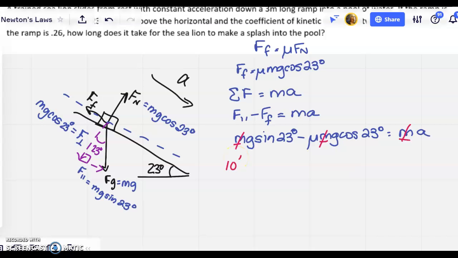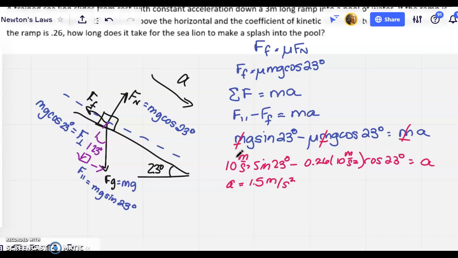So 10 meters per second squared times the sine of 23 degrees minus 0.26 times 10 meters per second squared times the cosine of 23 degrees is equal to a. And so when you solve that, you get an acceleration equal to 1.5 meters per second squared.